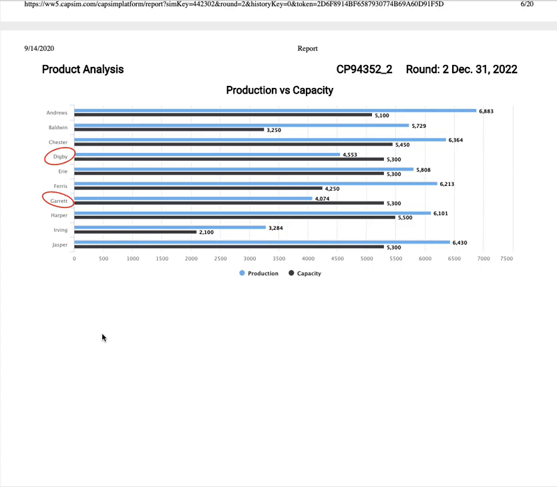Okay, next. On this page, you will see the product analysis, which is product versus capacity. I would say most of your teams have done a good job utilizing the equipment or plants that you invested in. However, I want to point out two teams, Team Digby and Team Garrett. You can see here's the capacity that your team has, that your team spent money to buy.